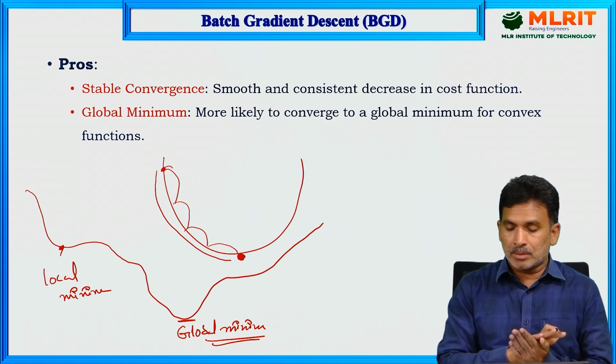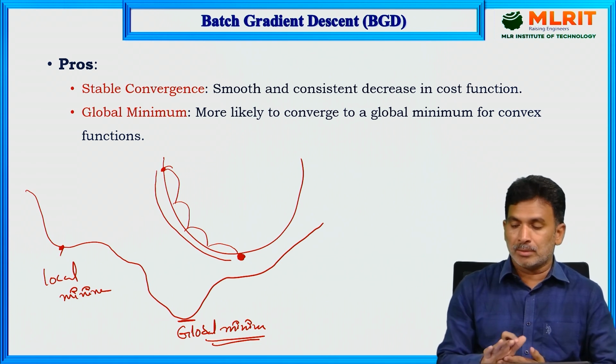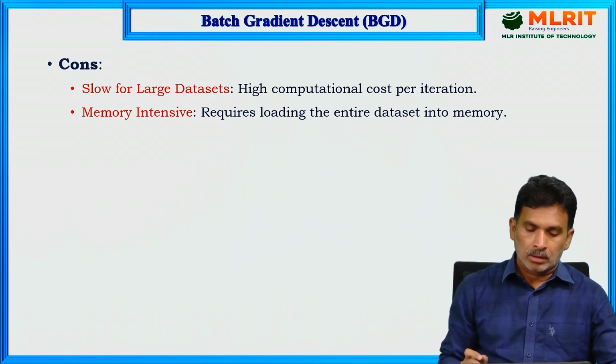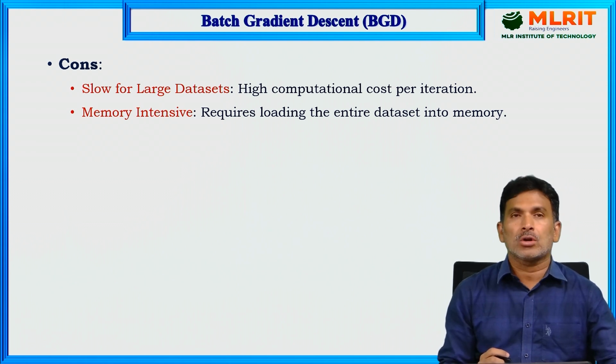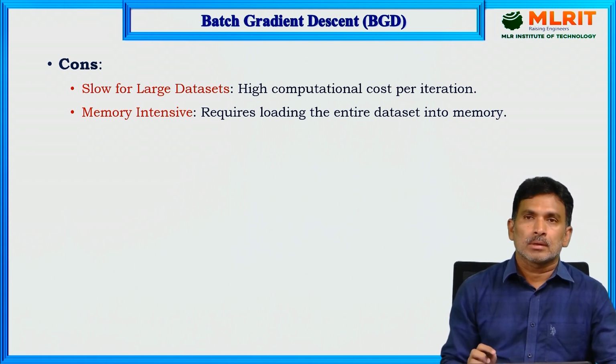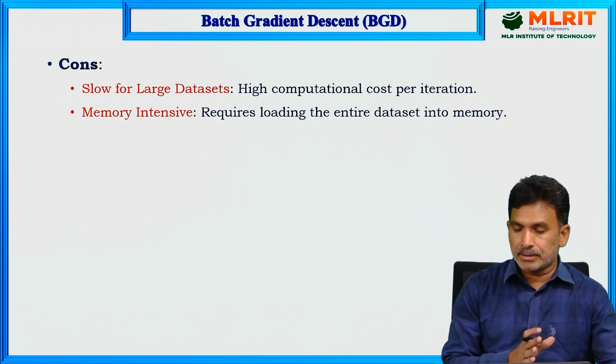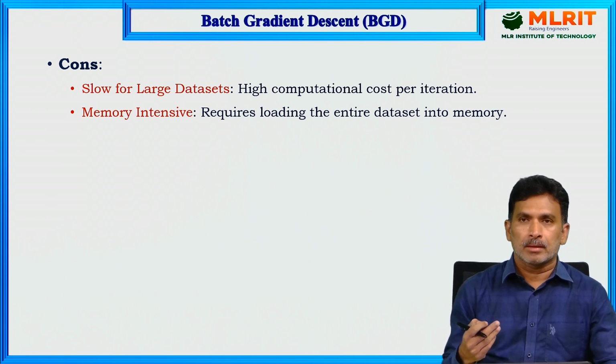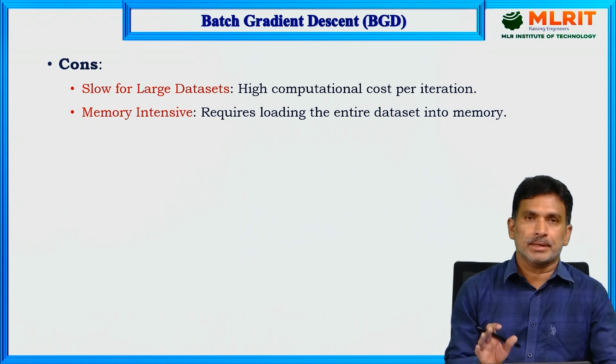Batch gradient descent is more likely to converge to the global minimum for convex functions. The cons: it is slow for large data sets, because the parameters are updated after evaluating all the samples, so we need to store the entire data set in memory.